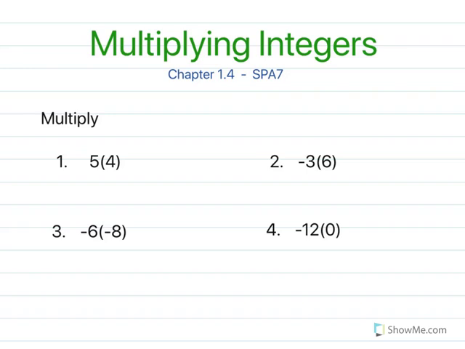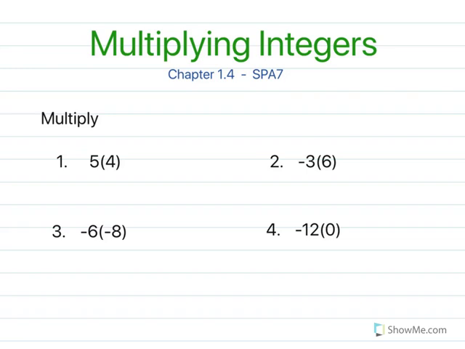The first rule is that if you multiply a positive by a positive, it's always positive. If you multiply a negative by a negative, it's always negative. And if you multiply a negative by a positive or a positive by a negative, it's negative. That's one way of looking at it. Or you can think of whenever you're multiplying by a negative, you're taking the answer and then taking the opposite. So let me give you some examples.